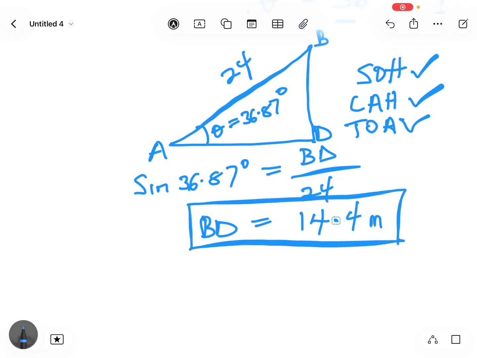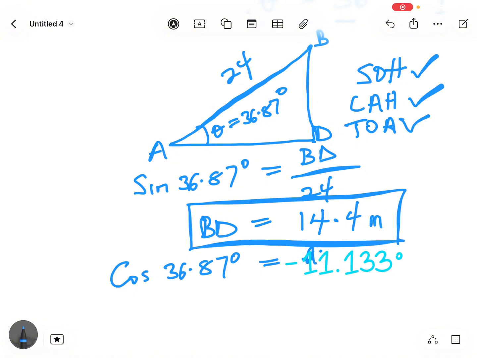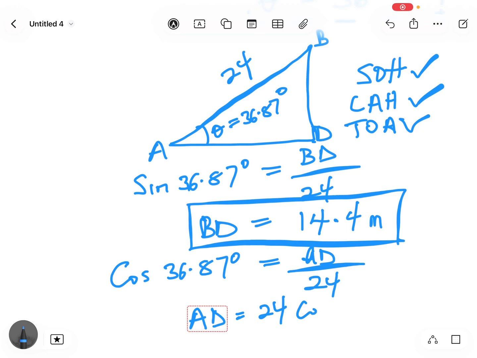Then to find our AD, because this is adjacent and we have our hypotenuse here, we're going to use cosine. Cosine 36.87 degrees equals AD over 24. So AD equals 24 cos 36.87 degrees.